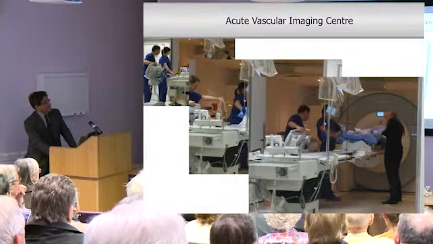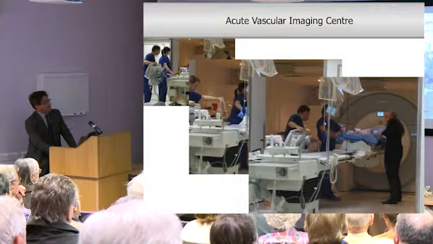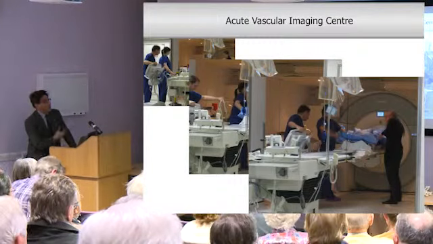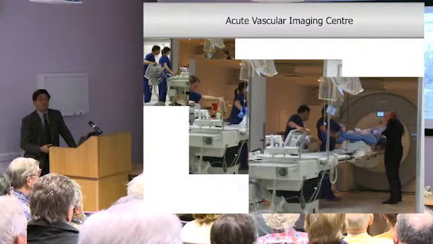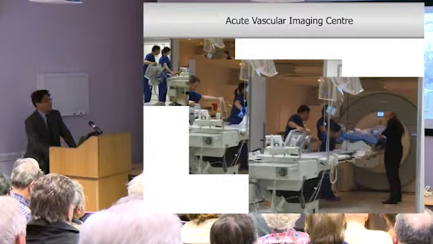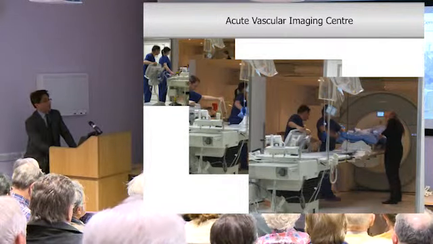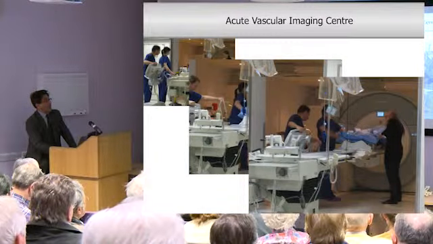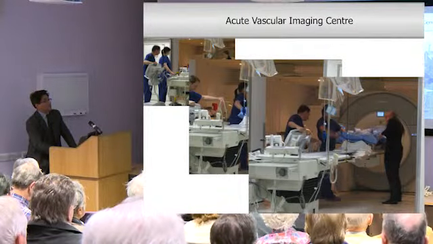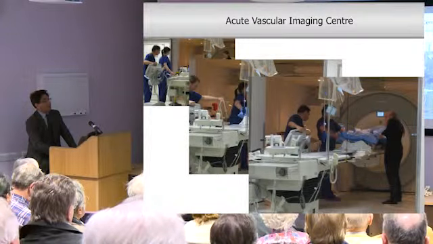So this is the centre in action. You can see this is the cardiac cath lab table of the sort that I showed you in one of those very early slides. So this is the place where we deliver treatments to blocked arteries. But this table is a platform which, in a mechanised fashion, allows us to move a patient directly from the cardiac cath lab, where we intervene on the arteries, into the MRI scanner.